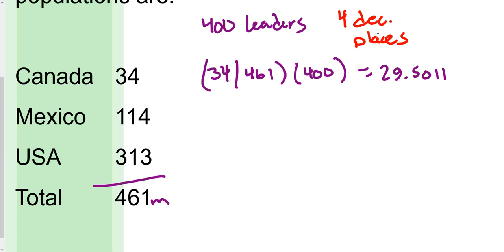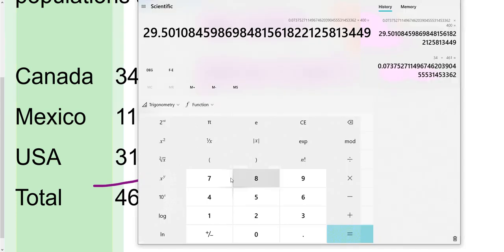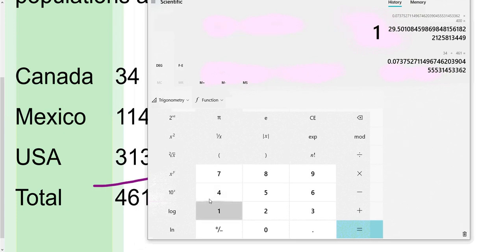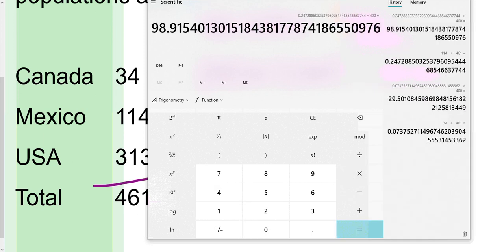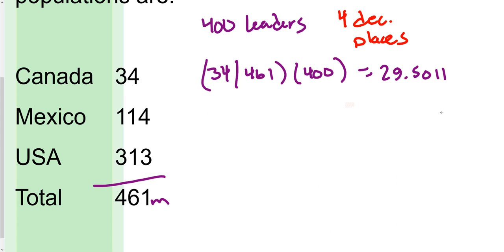All right, let's go back and finish out the rest of these. We're going to do the same thing with Mexico: was it 114 divided by 461 times 400, and I get 98.9154.